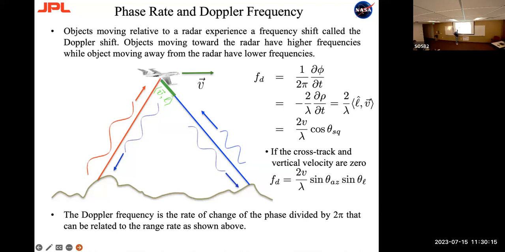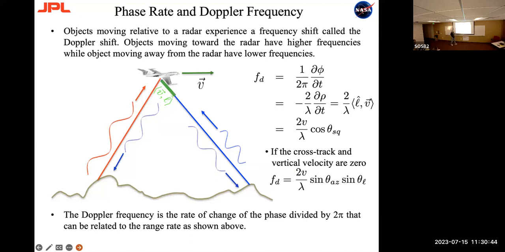Whereas if I'm flying toward the radar, it will seem to be compressed because the peaks will come closer together because I'm moving toward them at the same time. So this change in wavelength is equivalent to a change in frequency. If I'm thinking of it in terms of sound, it would sound different. That's why the pitch of a train moving towards you or away from you is different. That's the so-called Doppler effect, and it's basically due to a change in the wavelength.